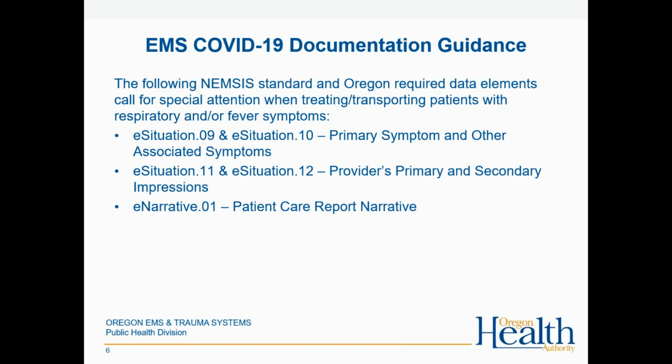And then additionally, for primary and secondary impressions, adding the cognitive and respiratory and fever impressions as well. And then also taking time in the patient care report narrative to add COVID-19 suspected where that is appropriate.